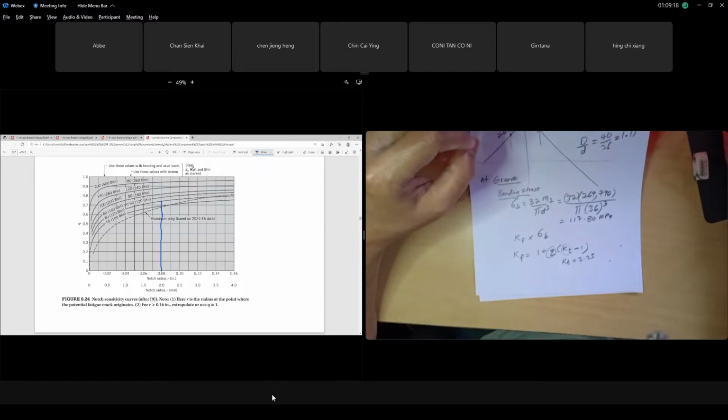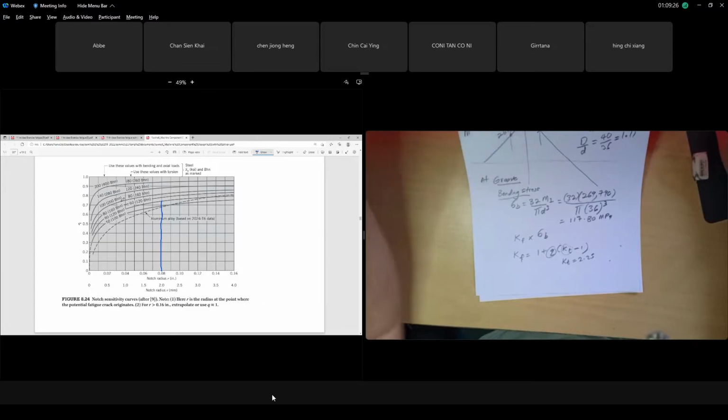SU is the ultimate strength of your material. But the values were plotted by engineers, the ASME, Society of Engineers, and Americans always use English units. They plotted the graph distribution all in English units. So it is 200 KSI.